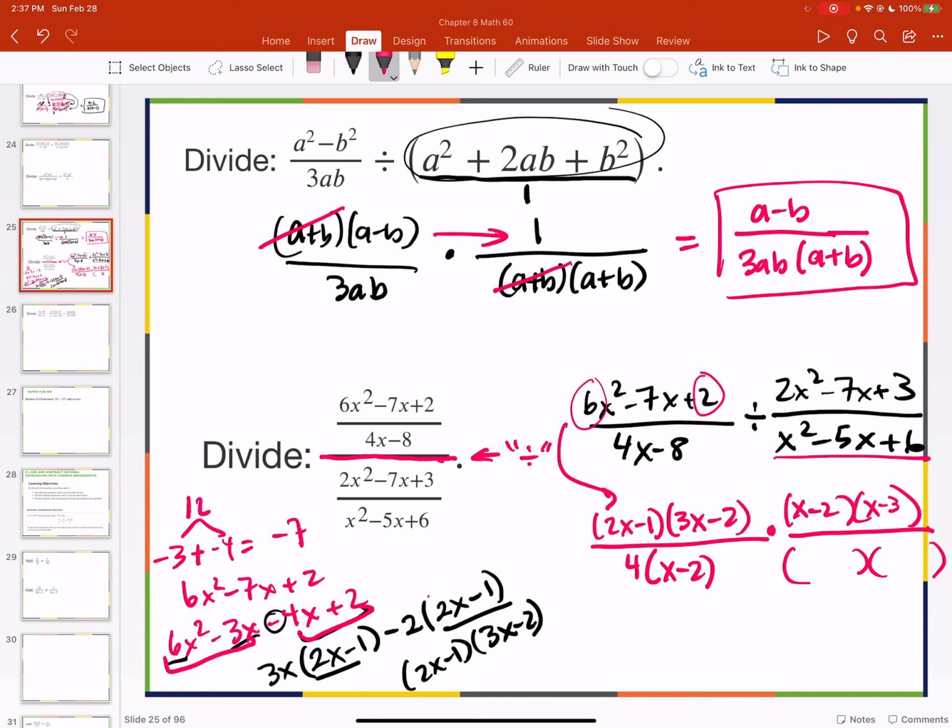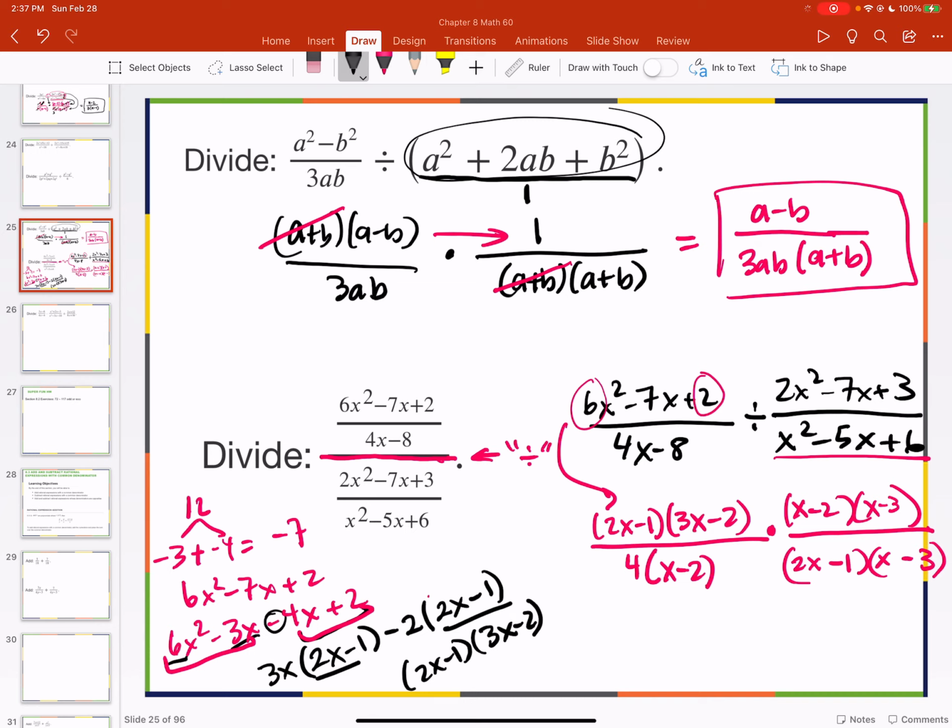So that's going to end up being 2x minus 1, x minus 3. So then you can check it using the AC method, however you want.